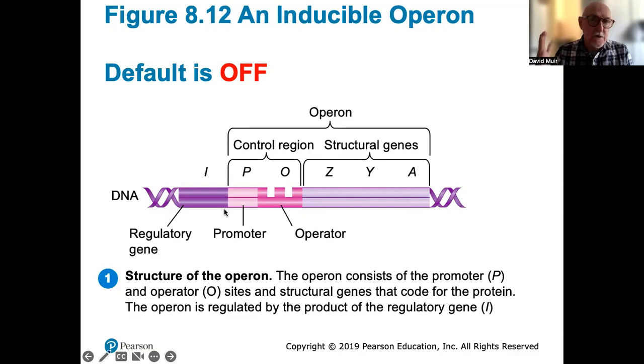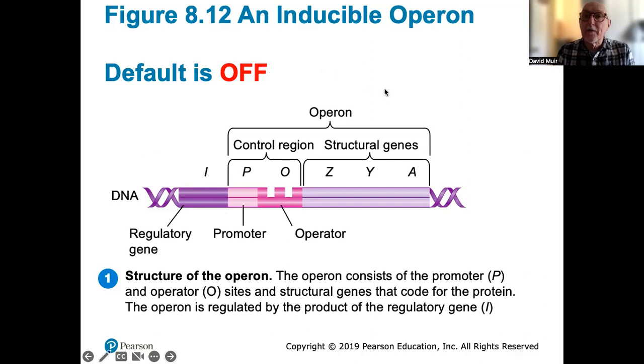Somewhere else in the genome, here it's shown being adjacent to the operon. It does not have to be adjacent to the operon. It depends on which operon you're talking about. There is somewhere a gene which is going to produce the regulatory protein, and we'll see the different ways in which it can work.